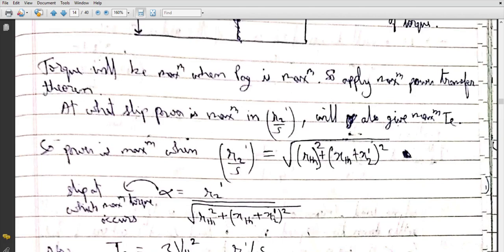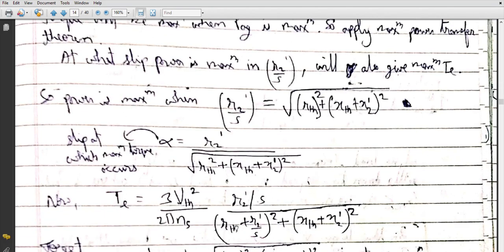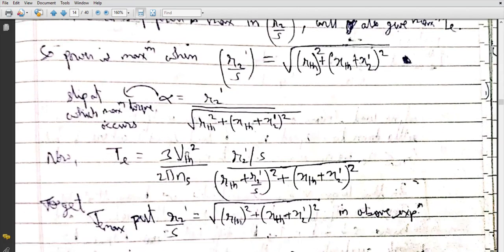Now once you have the slip at which maximum torque occurs, you can substitute it into the expression for the electromagnetic torque. If you want to find the exact value of the maximum torque, substitute the value of slip by this value alpha.